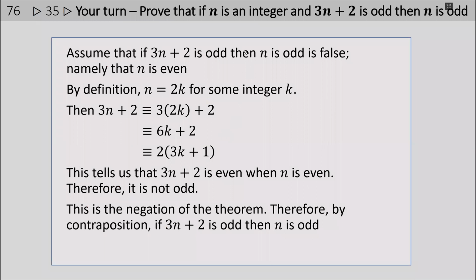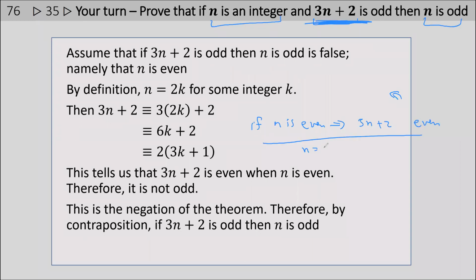Your turn. Prove that if n is an integer and 3 times n is odd then n is odd. انا ملاحظ ان انا هبدا بحاجه صعبه. لا، هات معكوسها المكافئ لها اللي هو الكونترابوزيتيف. وبالتالي هقول if n is not odd يعني even then 3 times n plus 2 is not odd which means انها even and it's very easy to prove that. هقول ان ال n is twice k وسبستيتيوت هنا 3 times twice k plus 2 which is 6k plus 2.